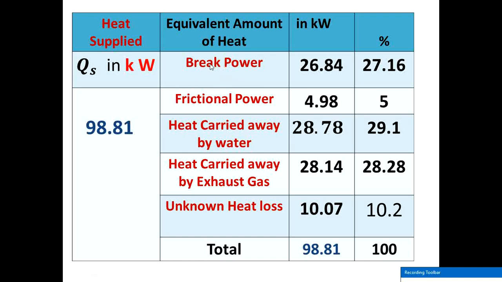I have split it into brake power and frictional power, so please note down both of these. Then the heat energy supplied, whatever you supplied, is turned into these things: brake power plus frictional power, which we wrote here, and then the losses QW, QG and unaccounted.